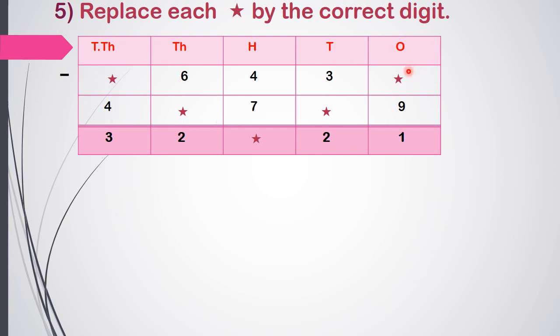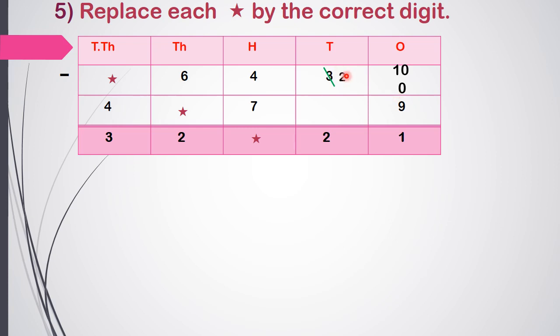So now we are going to do the sum. Here star minus 9, here we got 1. So when we add these two numbers, we get the larger number, isn't it? So 9 plus 1, what is 9 plus 1? 10. But we can write only one digit in the ones place, isn't it? So 0. When we borrow from the previous number, that time only we get 10 here.